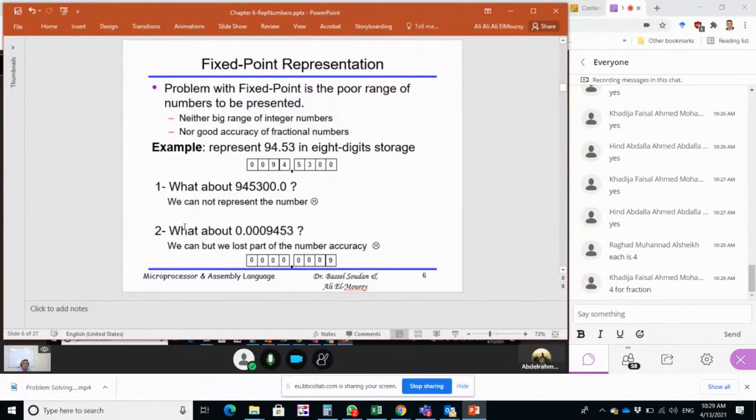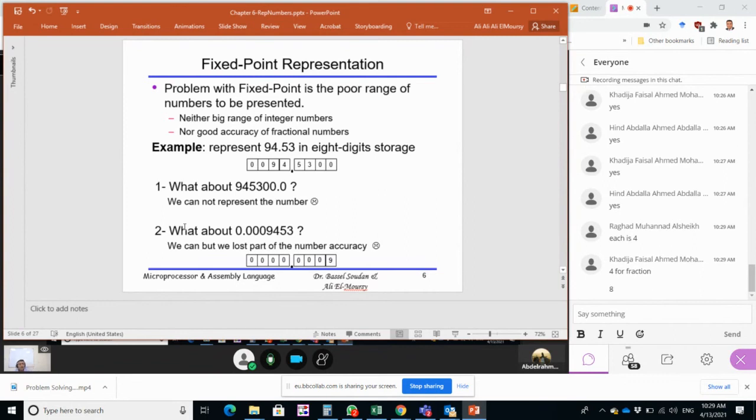We don't have to have something to store the decimal point, but it is an agreement that we have 4 storages for the integer and 4 storages for the fraction, as we can see here. So the total storage that you are using here is 8 digits, 4 of them for the integer and 4 of them for the fraction.